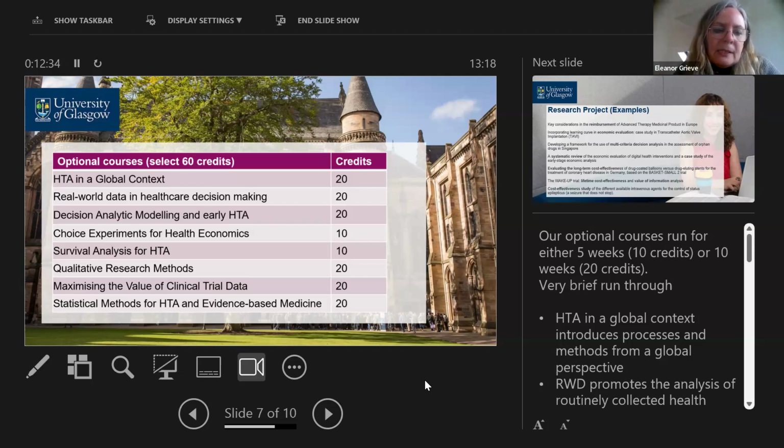Maximizing the value of clinical trial data. So this is quite an advanced course where we look at economic evaluations alongside clinical trials. Am I right in still saying that this is going to be run slightly differently, in that it's run over a period? I'm looking at Claudia. I think we're changing it this year.